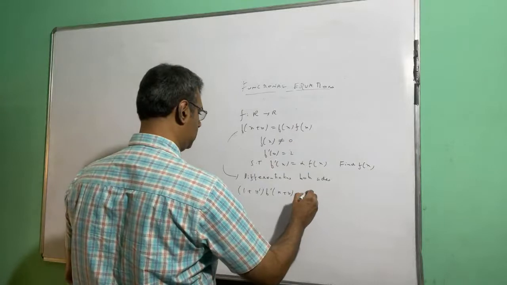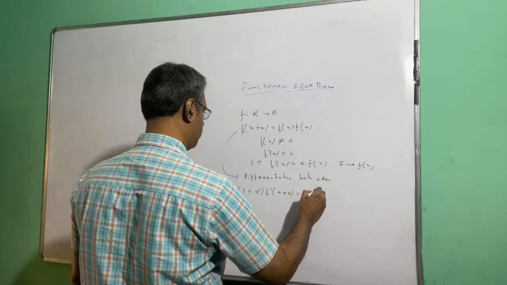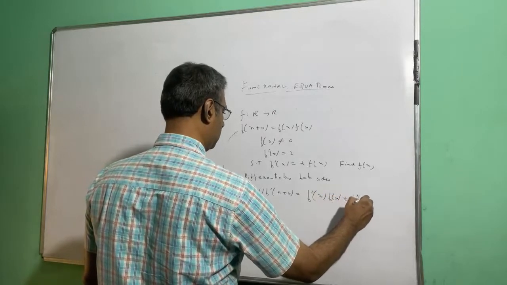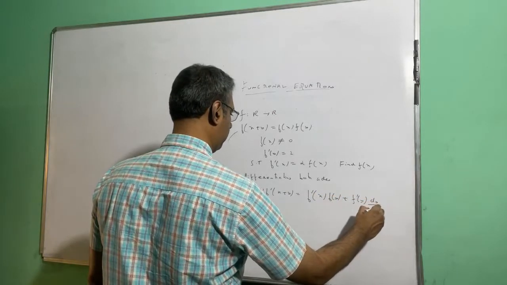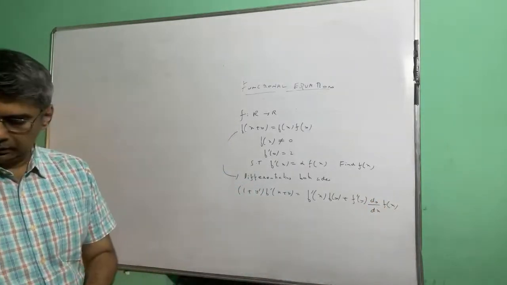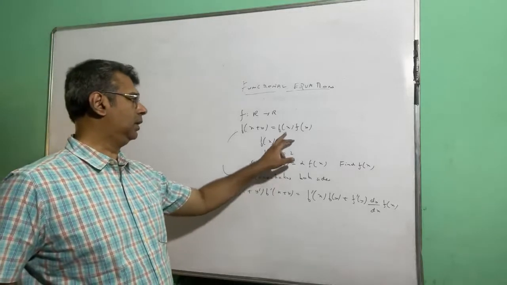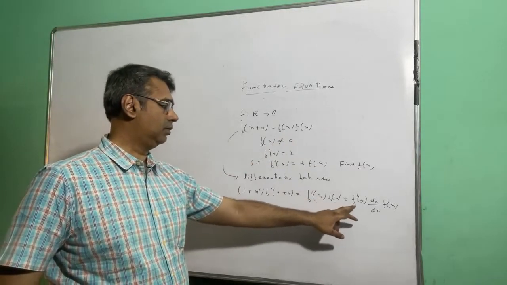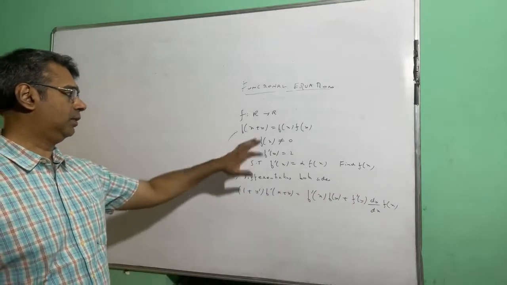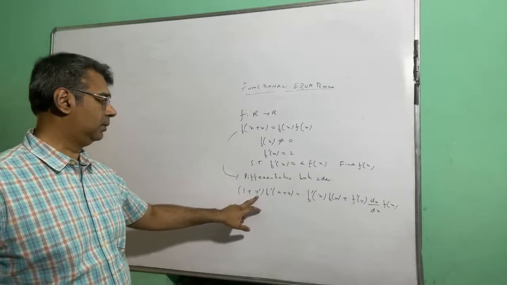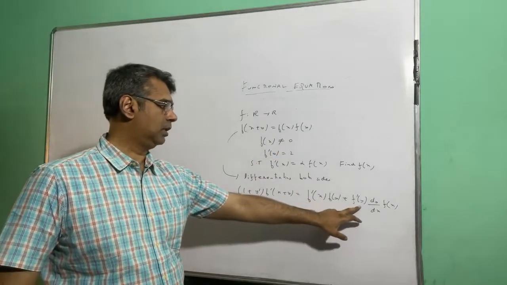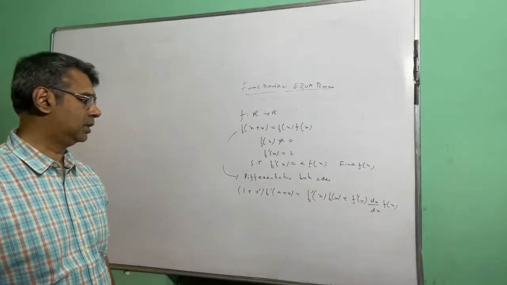Now the right side: you are getting the derivative of fx into fy, so f dash x into fy plus f dash y into dy by dx into fx. So after differentiating both sides, the left side will be 1 plus y dash into f dash x plus y. The right side will be f dash x into fy plus f dash y into dy by dx into fx.